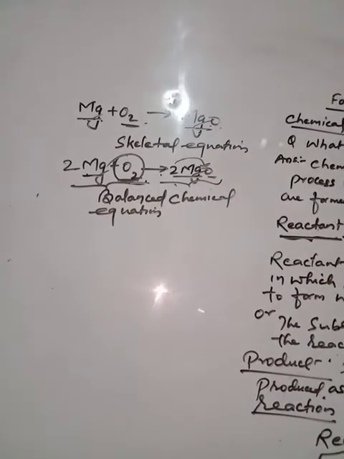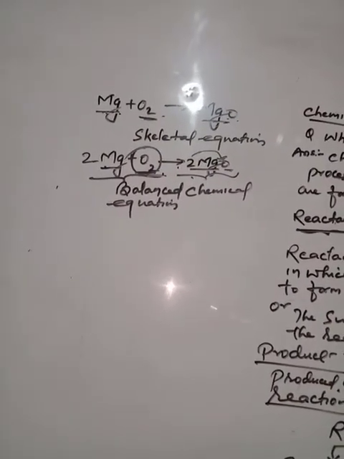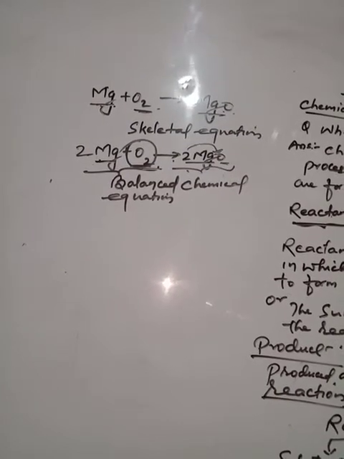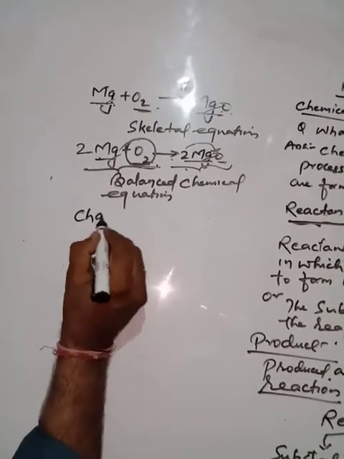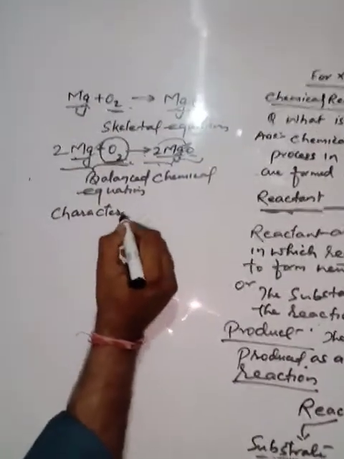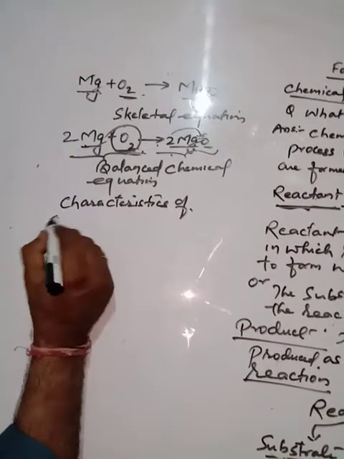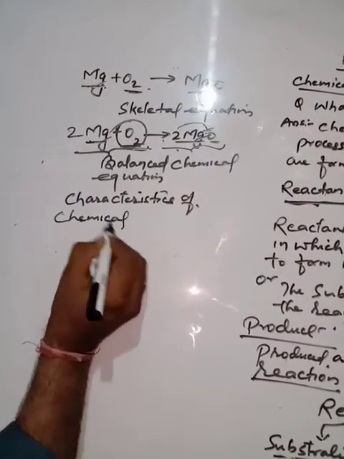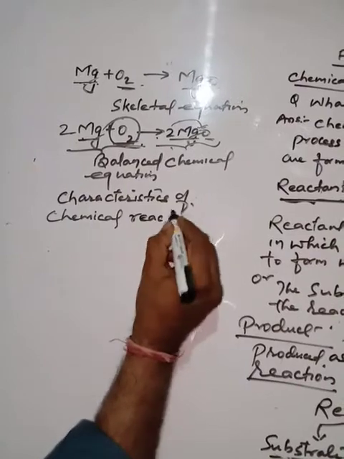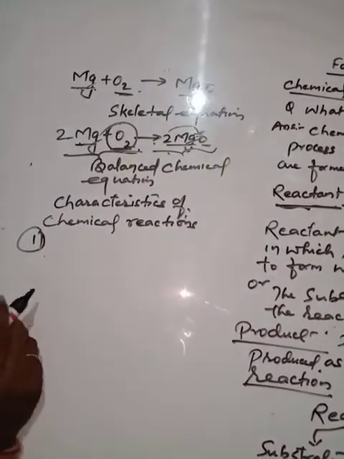But here, how does the chemical equation help us? There are certain characteristics of chemical reactions, which are accompanied in different ways.